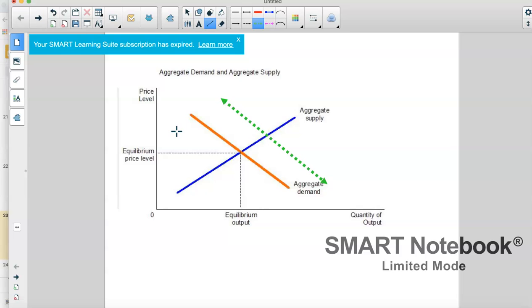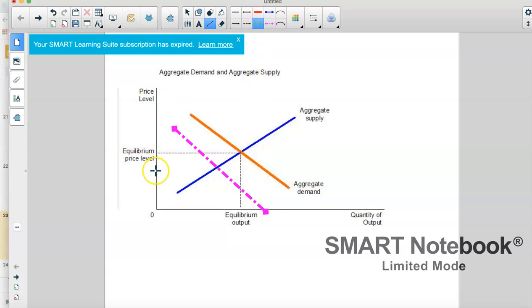So sometimes the government actually has to slow this thing down. And to slow this thing down, they actually raise taxes. When they raise taxes and cut their spending, what they end up doing is driving the demand curve to the left.